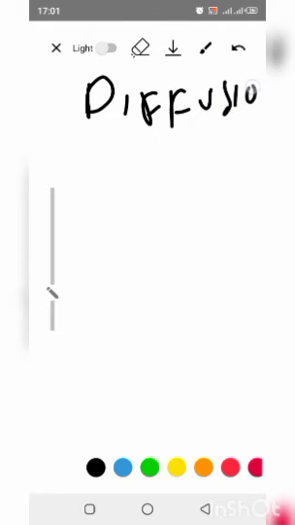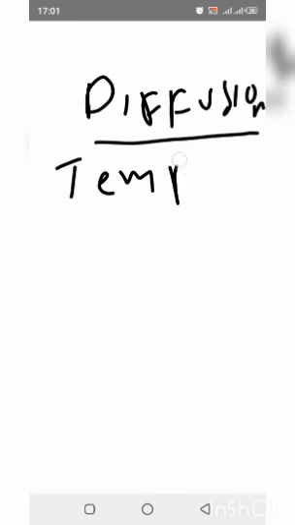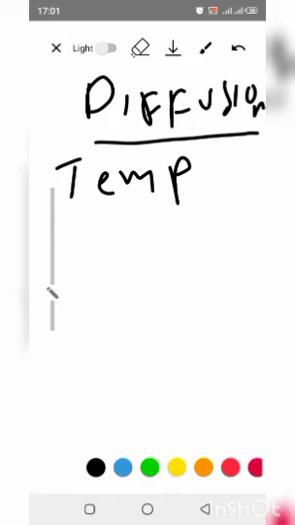So we have factors which affect the rate at which diffusion occurs. The first is temperature. How does temperature affect diffusion?